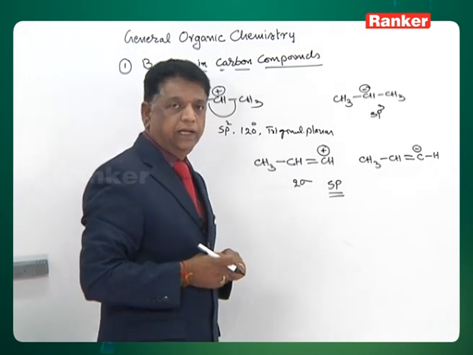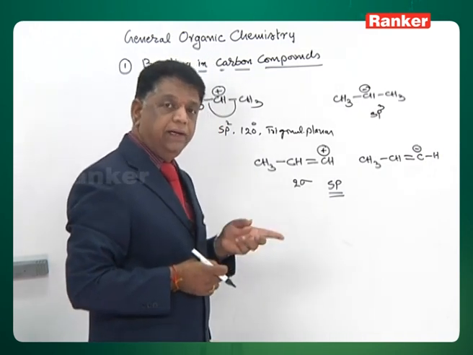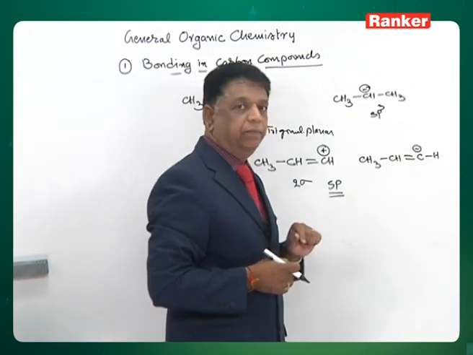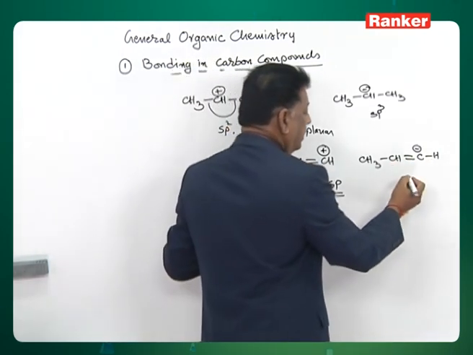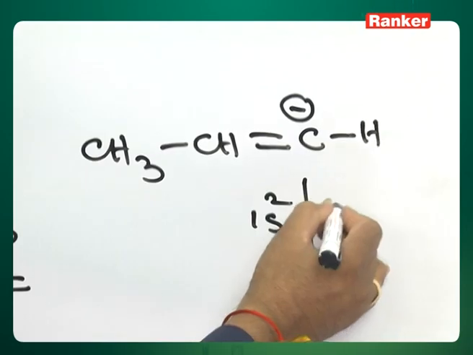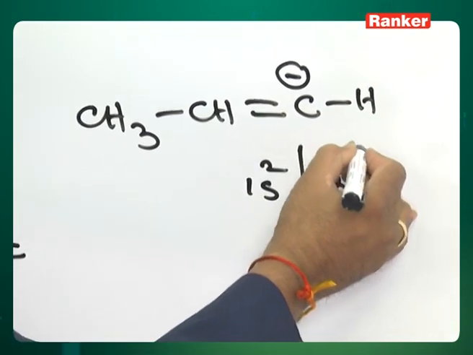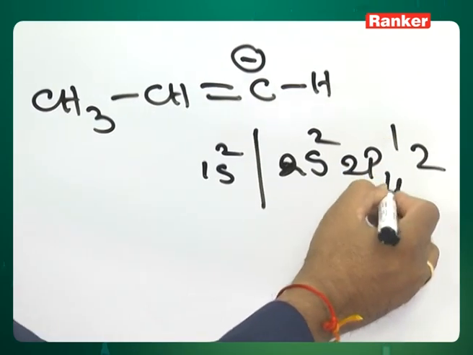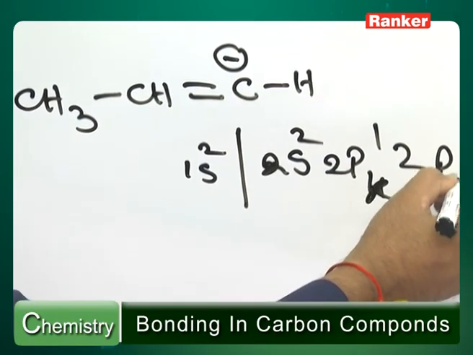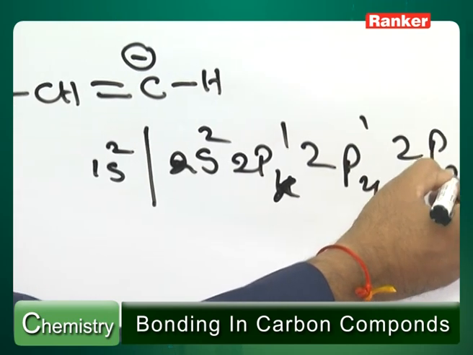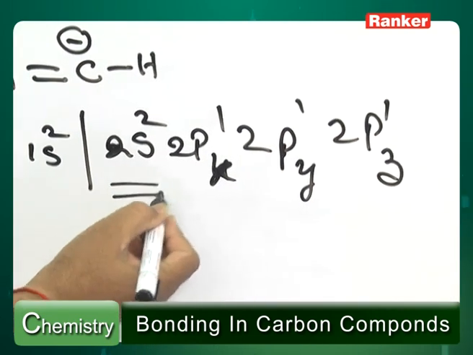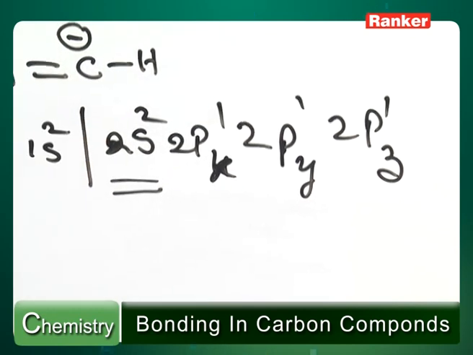Just like ammonia, 3 sigma bonds with a pair is sp3, here also there are 2 sigma bonds and 1 pair. Go for the electronic configuration, 2s2, 2px1, 2py1, 2pz1. Here a pair is there, and only 2 hybrid orbitals.